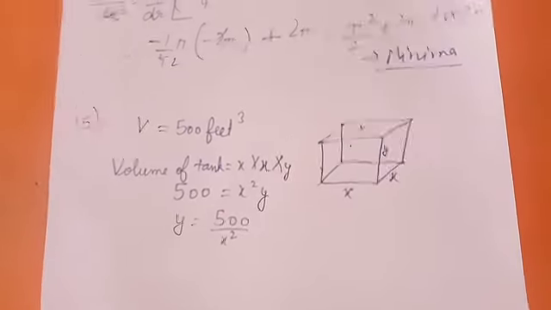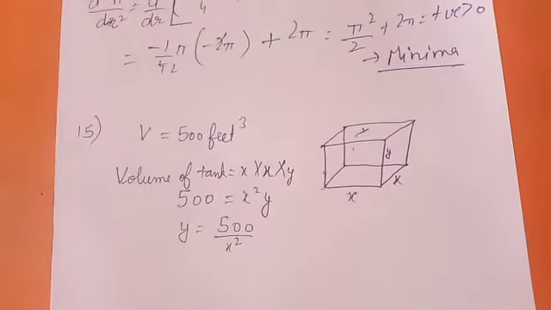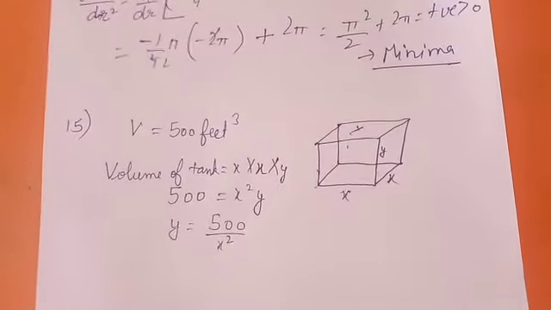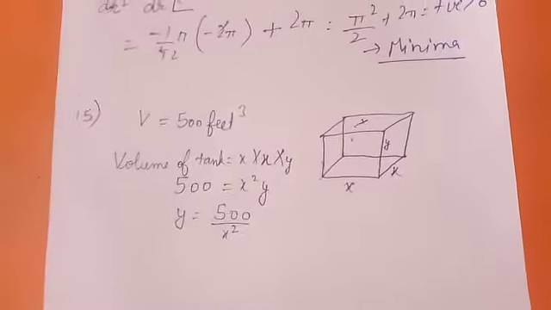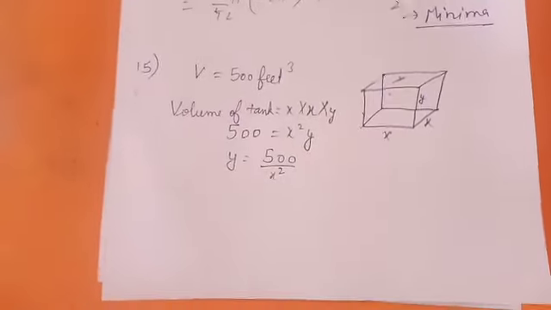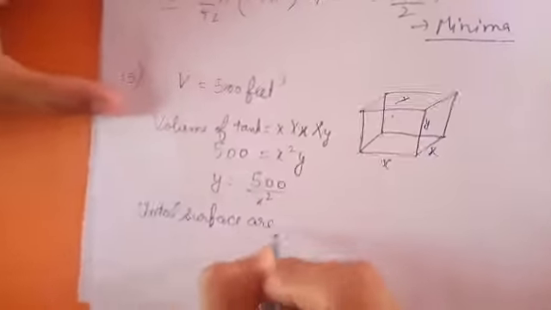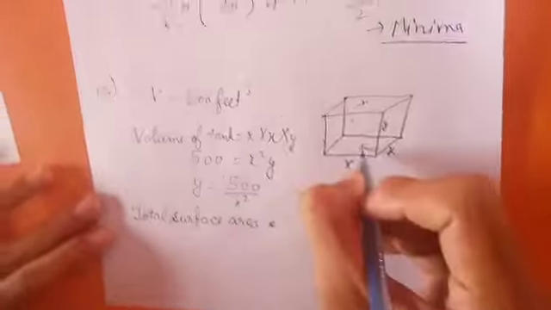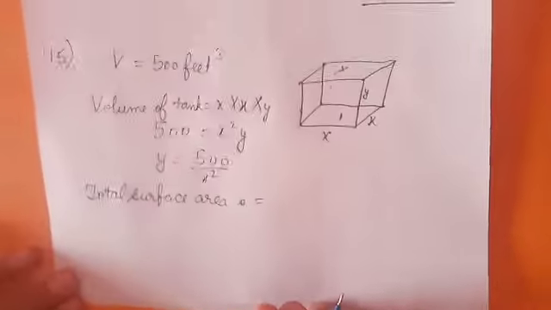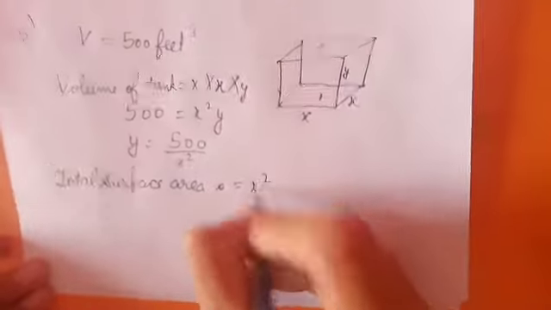Now what we have to find? We have to find its total surface area on which we have to do lining of tin. Okay, so its total surface area will be equal to the area of each face. First of all, of this base, means the lower portion, that will be x square.